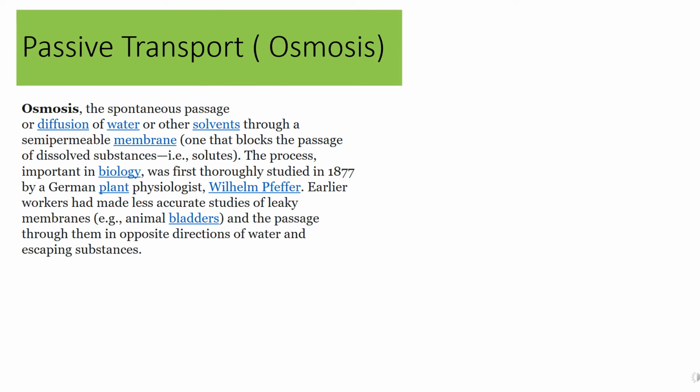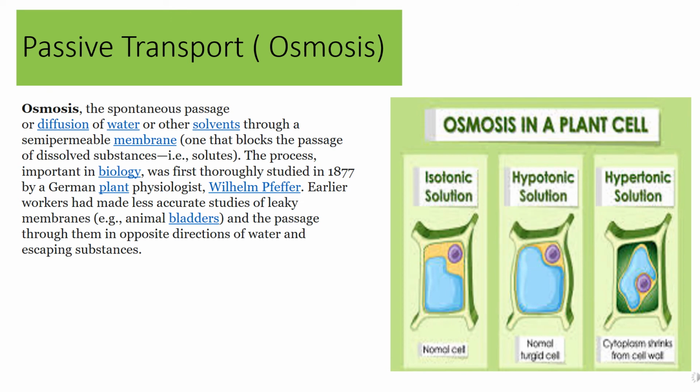Let's move towards the third type of passive transport. It is osmosis. Osmosis is a net movement of water across a semi-permeable membrane from an area of lower concentration of solute to an area of higher concentration of solute. Here is the picture of osmosis in a plant cell.